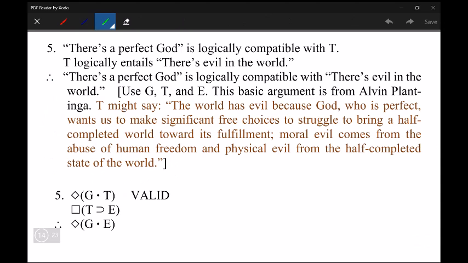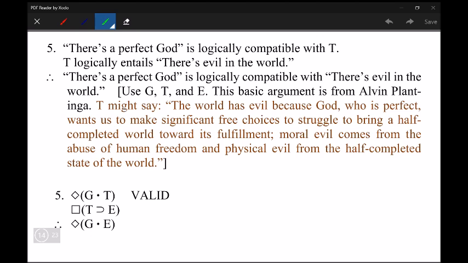This fifth argument is a big improvement over number 4. It's from Alvin Plantinga, who is a Christian philosopher, and he wants to defend from Mackie's attack the compatibility of a perfect God with evil in the world. And this had been attacked by my favorite atheist philosopher, Mackie.